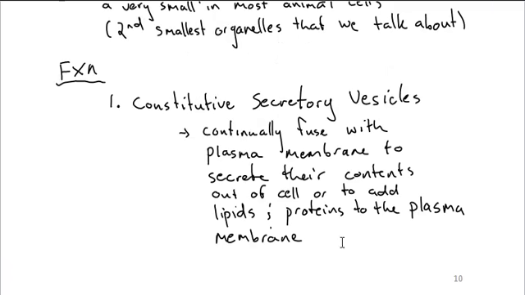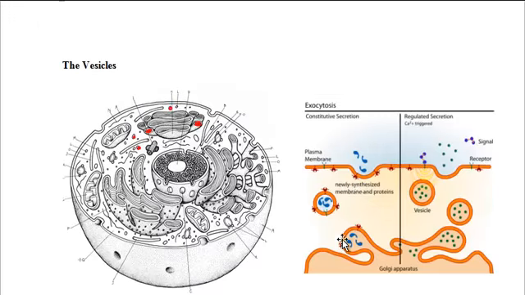So if you look back up here at the diagram, this is an example of constitutive secretion and constitutive vesicles. So here's the constitutive vesicle. It's blebbing off the Golgi. Gotta love that word, bleb. And then it's moving, and we'll talk about how it does that later.